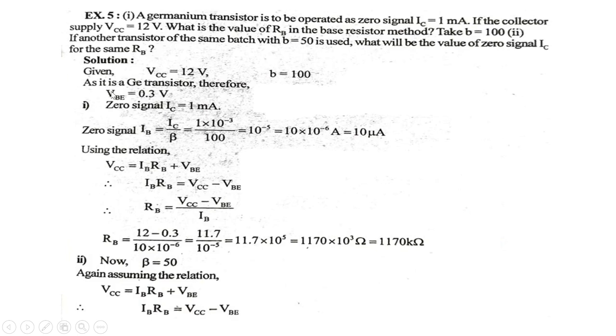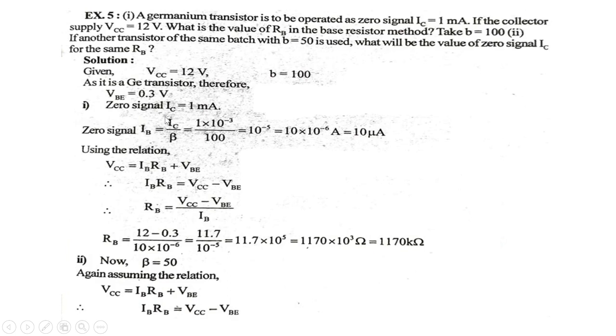Now, given quantities VCC equal to 12 volt, beta equal to 100, and as it is a germanium transistor, VBE equal to 0.3 volt. Zero signal IC equal to 1 milliampere.